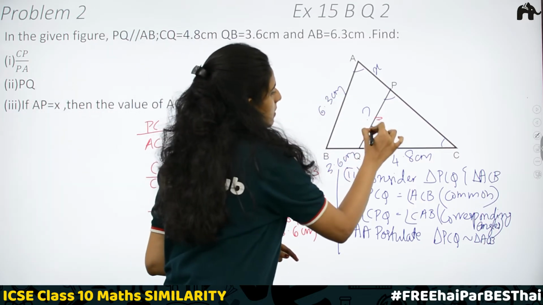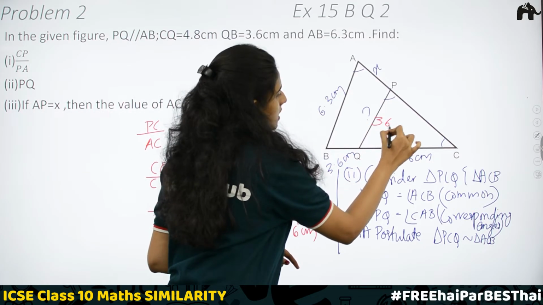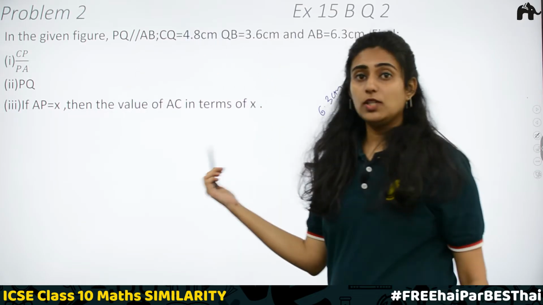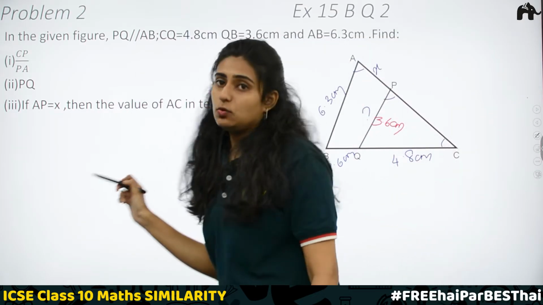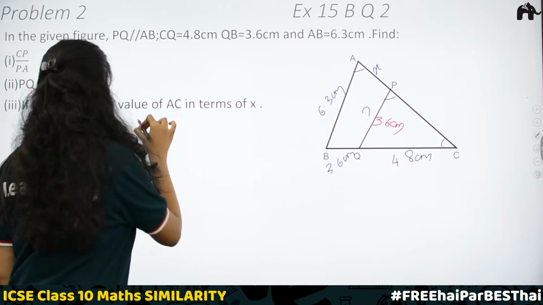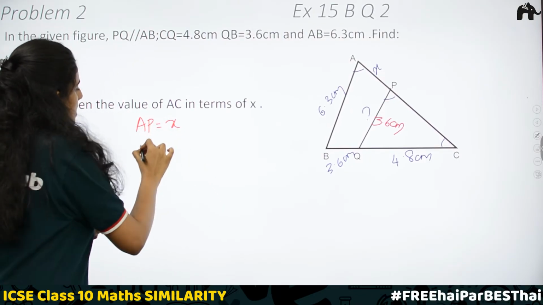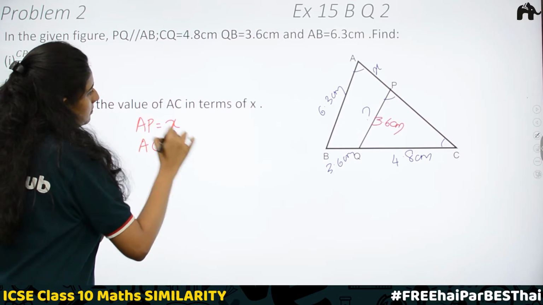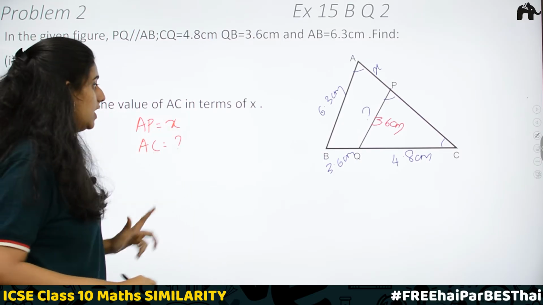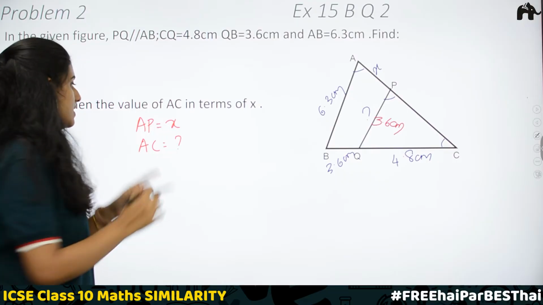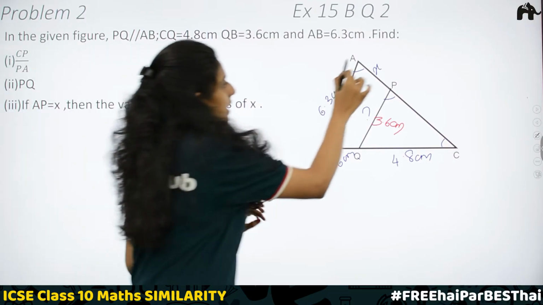PQ is 3.6 centimeter. Now the third part: if AP is equal to X, we are taking AP is equal to X, then we need to find the value of AC in terms of X. AP, this is AP.